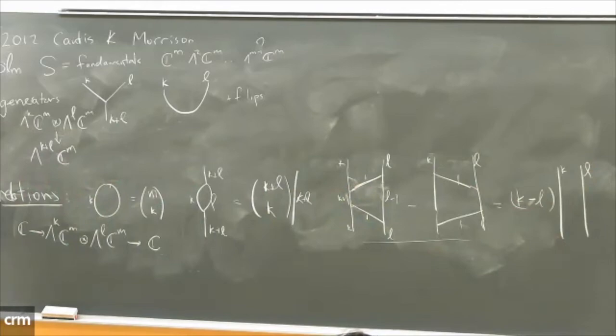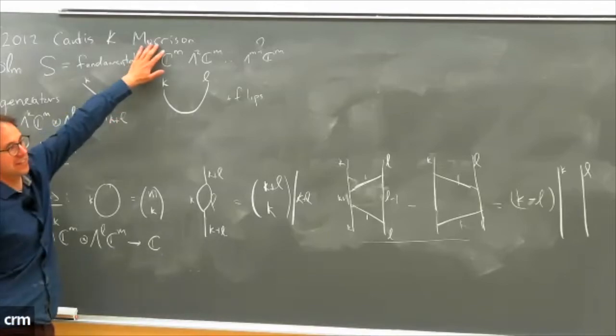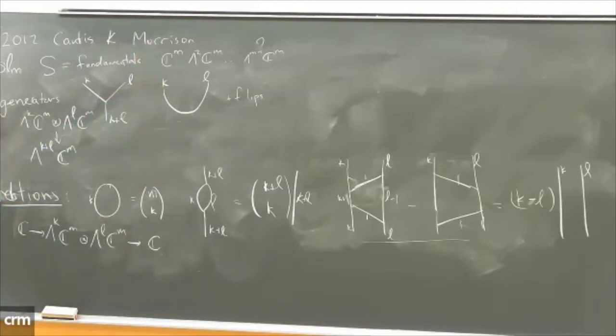The history is actually interesting in that before our theorem, Scott Morrison, my friend, in his PhD thesis from a few years before this, had a conjectural list of the relations, but there are many more relations than we have in our final list. So we proved his conjecture, but his list of relations was far in excess.